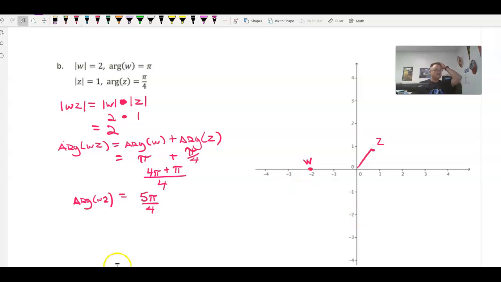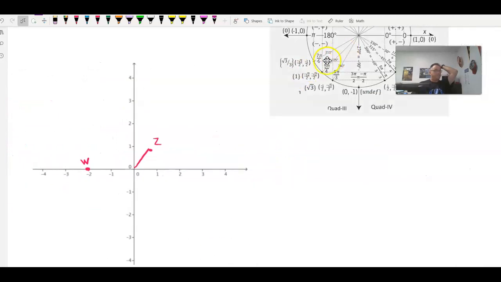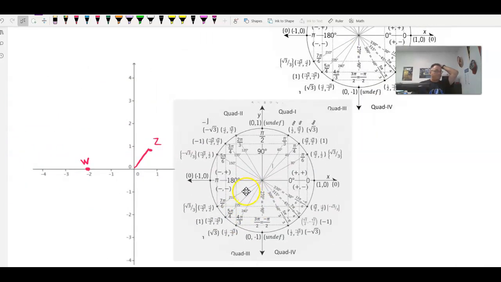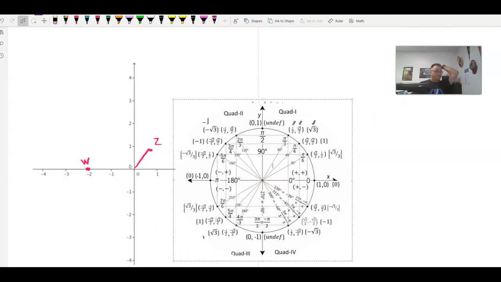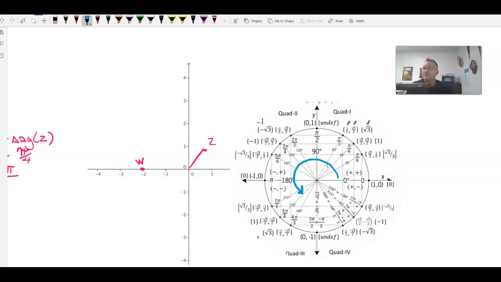Okay, well, how far is 5 pi over 4? Okay, so 5 pi over 4, guys, would start here, and it's going to go all the way to there. There's 5 pi over 4. And its length is equal to 2.